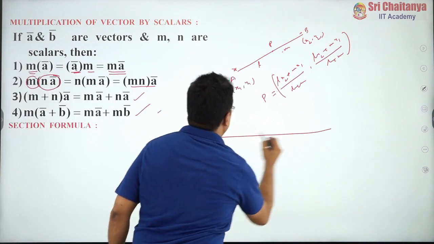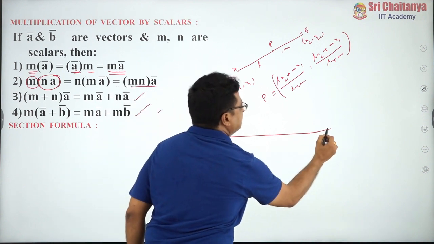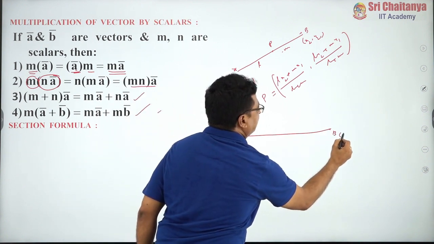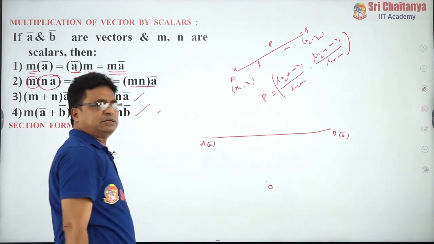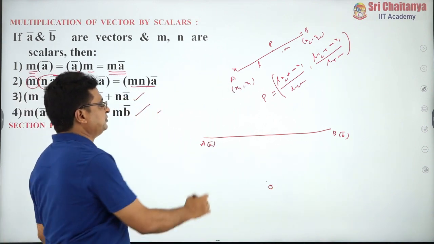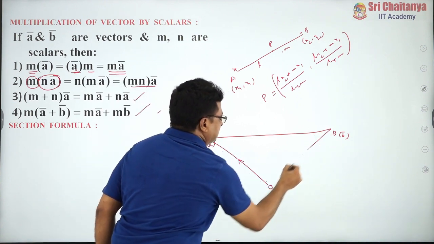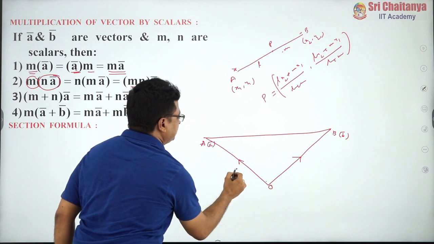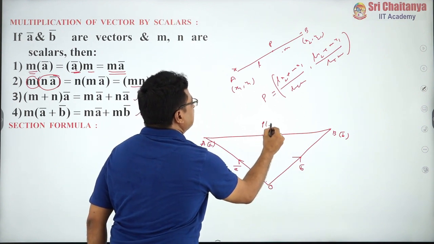The same thing is applicable in vector algebra. Suppose this is the line segment, and the position vector of A is A bar and the position vector of the point B is B bar. Of course, whenever I am talking about position vectors, I am taking the fixed point which is my origin. So, this is the position vector of A and this is the position vector of B. Suppose this is P, let it be R bar.